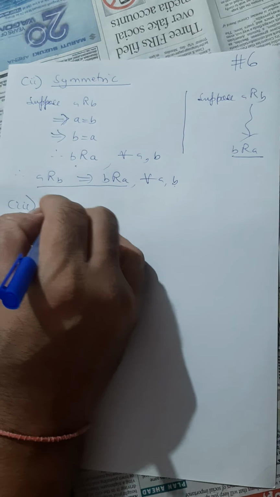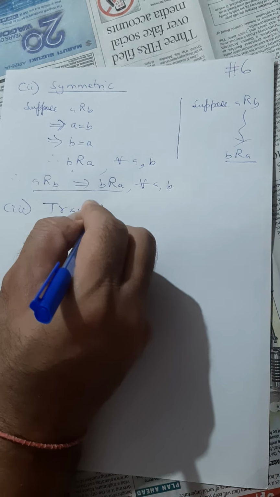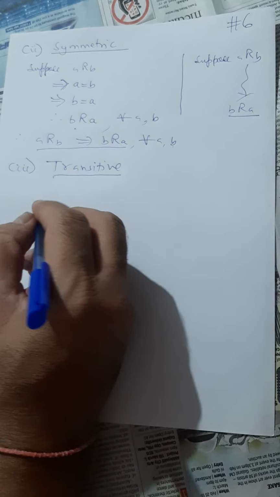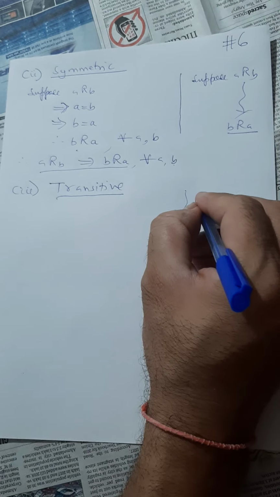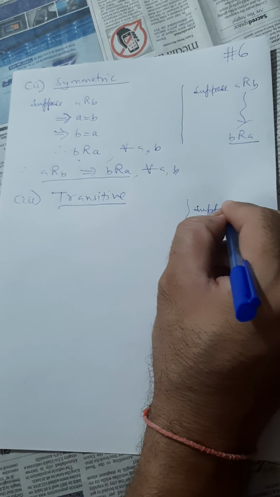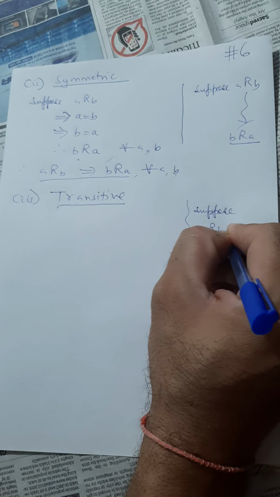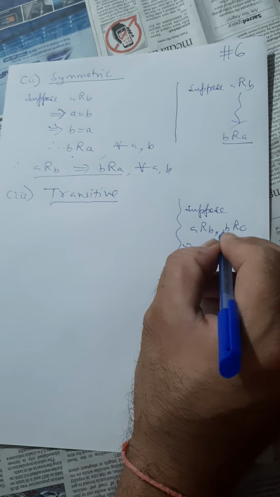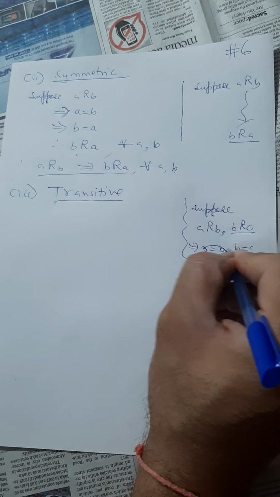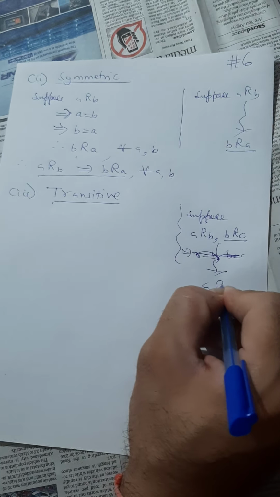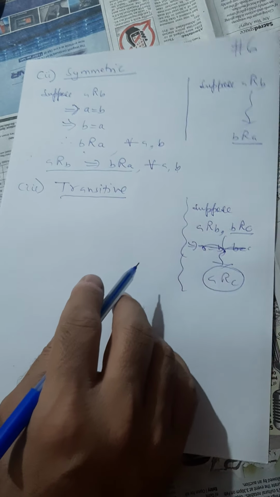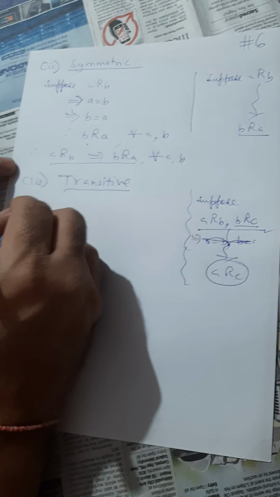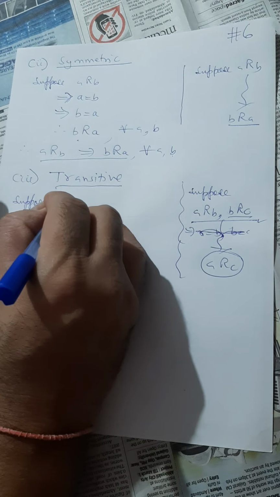Now third property, which is transitive. So for transitive property, you know what's the method. Start with suppose a related to b and b related to c.